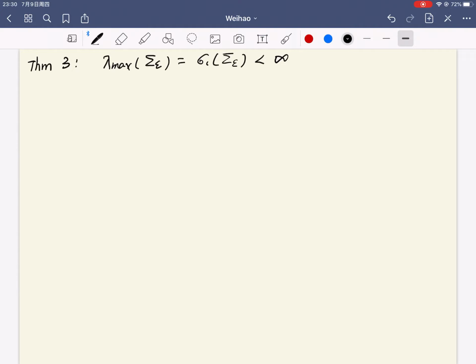For theorem 3, we want to get the prediction error bound. Since we already know the parameter error bound from the previous theorem, the prediction error bound is straightforward. Let's do it.